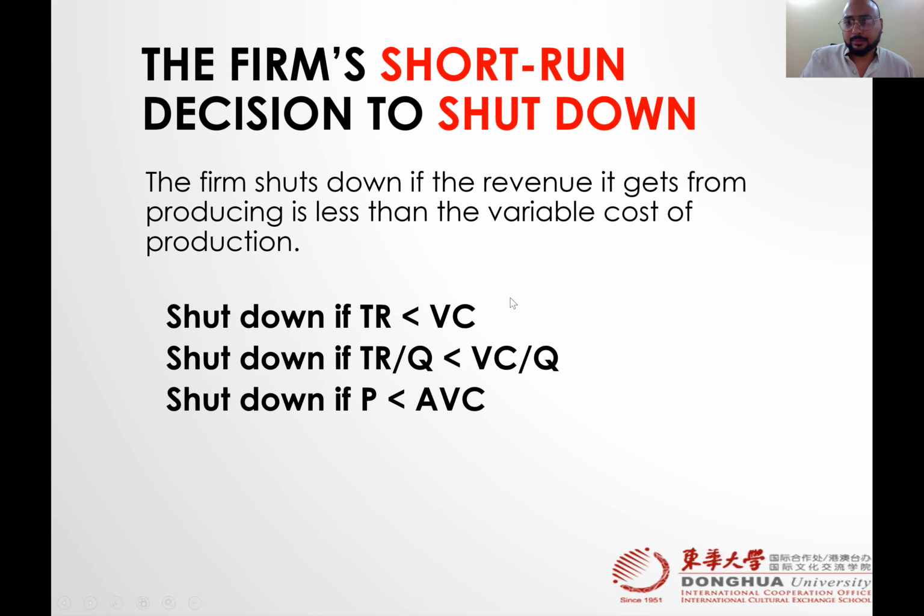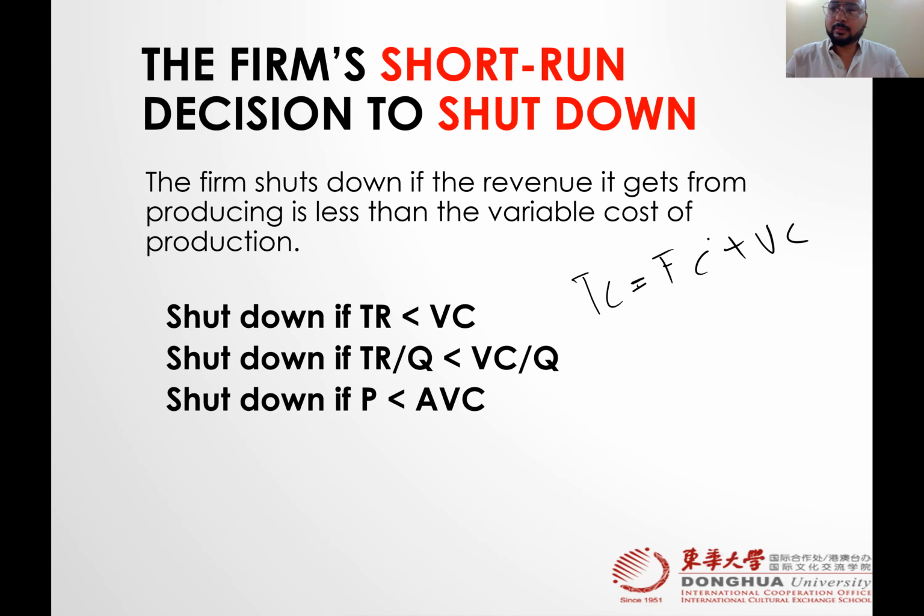So the firm shuts down if the revenue it gets from producing is less than the variable cost. That's a little bit worrisome. How? I just gave you the example that total cost is equal to fixed cost plus variable cost.